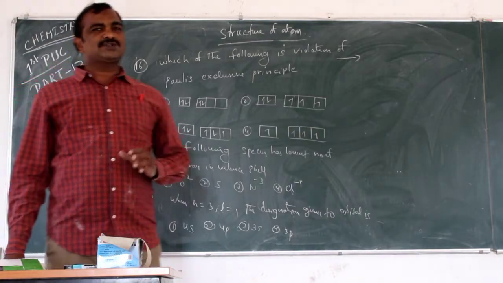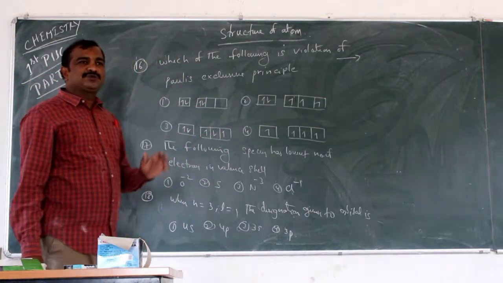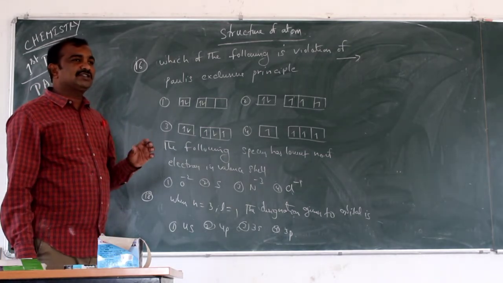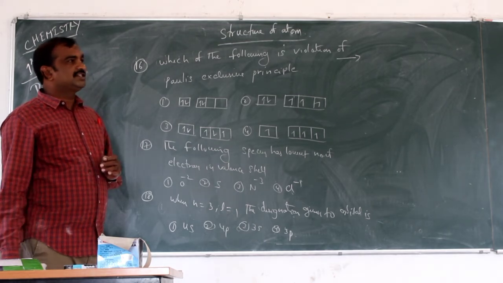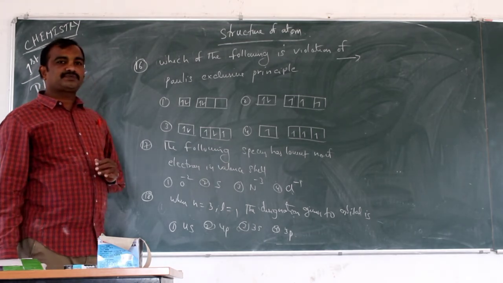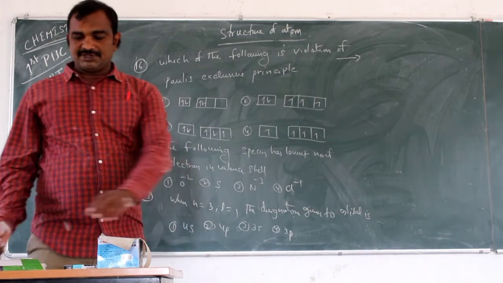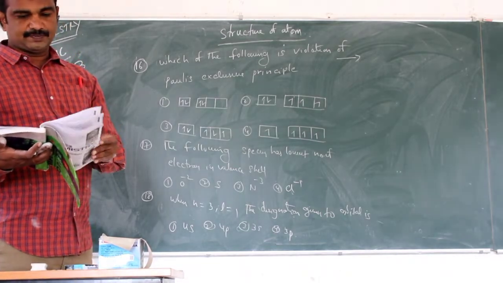So what is Pauli's exclusion principle first of all? Pauli's exclusion principle means no two electrons can have the same set of 4 quantum numbers. The question is: any two electrons cannot have the same set of 4 quantum numbers.